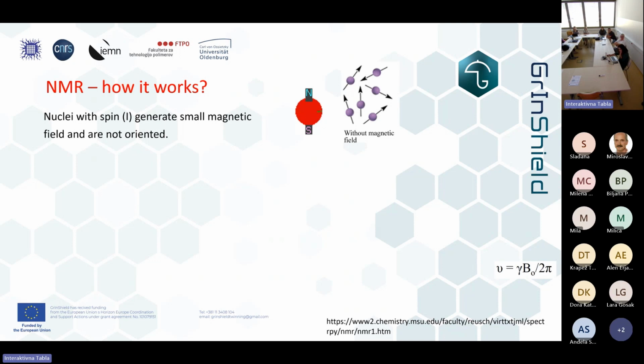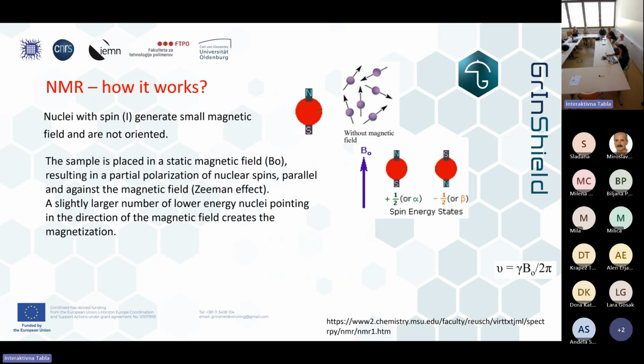Once we put the sample in a strong magnetic field, this results in a partial polarization, and some spins are oriented parallel to this magnetic field, and some are oriented against the magnetic field. Those oriented parallel have somewhat smaller energy.